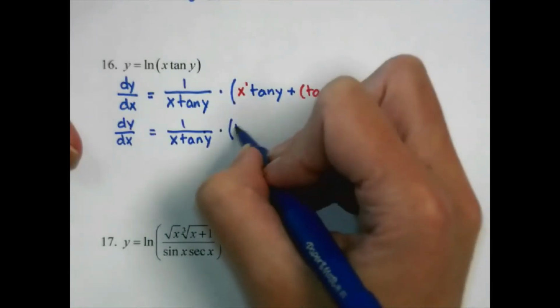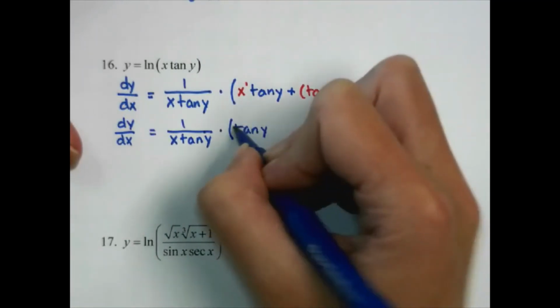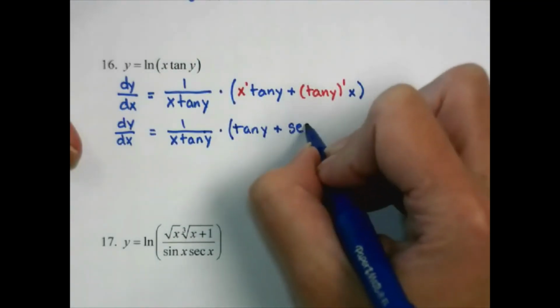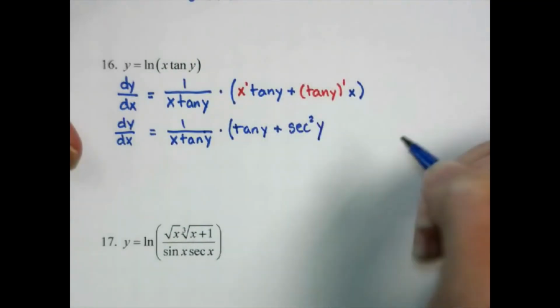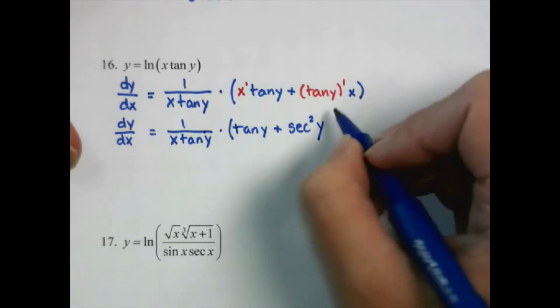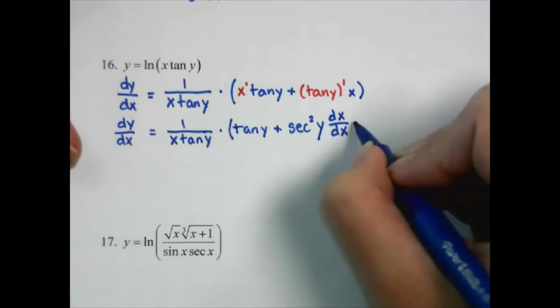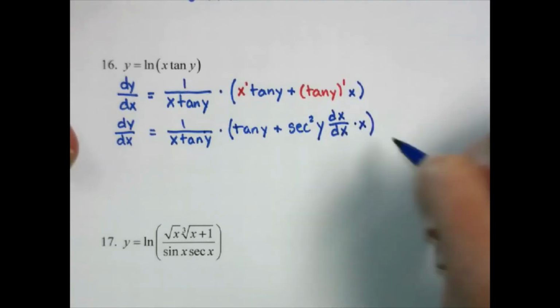So derivative of x is 1, so we get tangent y plus the derivative of tangent y, which is going to be secant squared y. We're taking the derivative with respect to x, so this is going to be times dy dx times x.